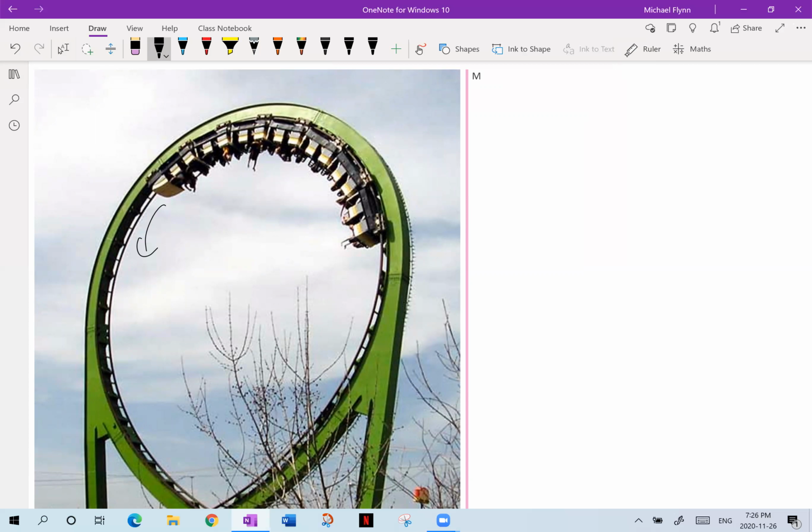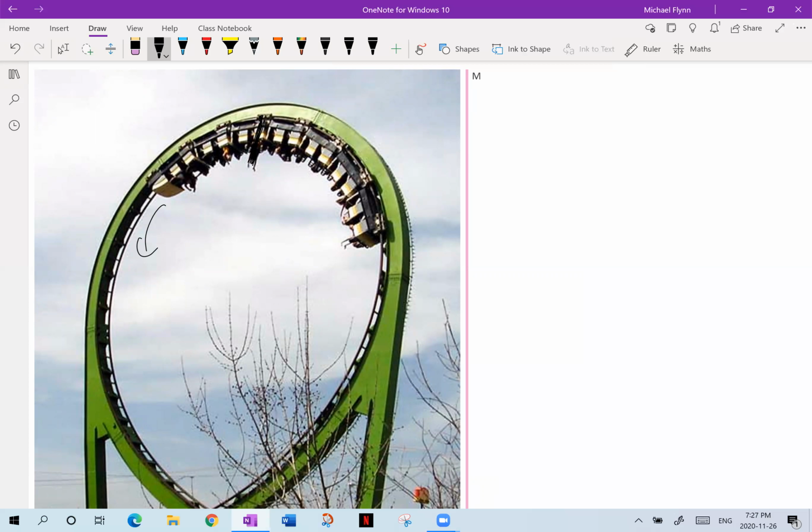And yeah, so what kind of question could you get about roller coasters? Well, let me give you an example. I'm going to assume our little friend here with the hands up in the air is about 2 meters from the base of the track. So here's the base of the track that they're sitting on. I'm trying to count what the radius is here.